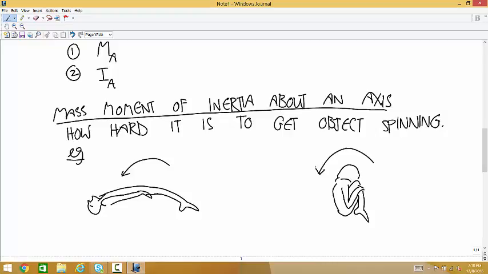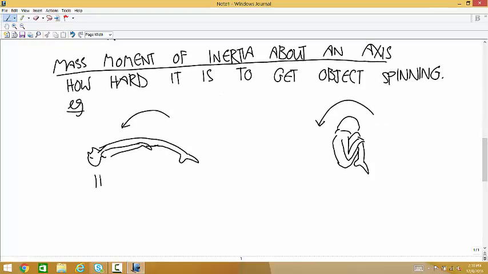So say you do a double flip. Which one of these do you get more points for? The right one. You get more points for doing a double flip like this than you do like this, because it's hard to get your body rotated when you're stretched out, laid out like that. When you're tucked up tight like this, it's a lot easier to get it rotating. So doing the same trick this way is harder, and this way is easier.